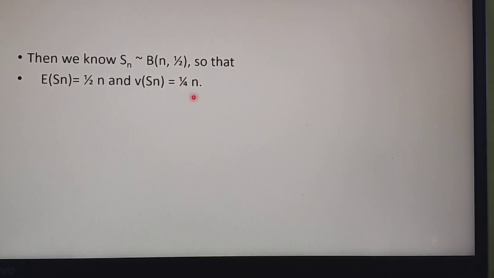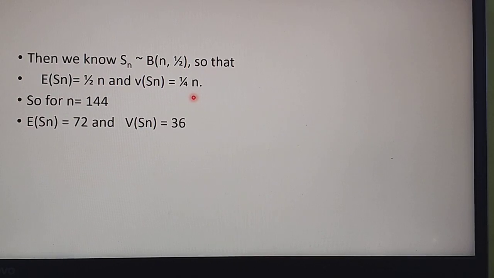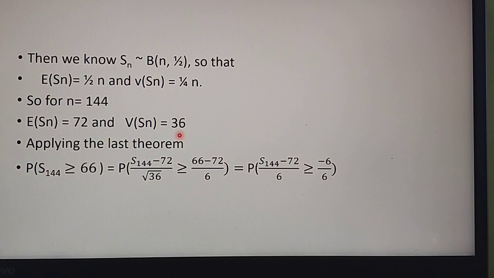So half into half is 1 by 4, so the variance is 1 by 4 n. So when the number of throws n is 144, the expectation of Sn will be half into 144, which is 72, and the variance of Sn will be 1 by 4 into n, which is 36. So we apply the last theorem.